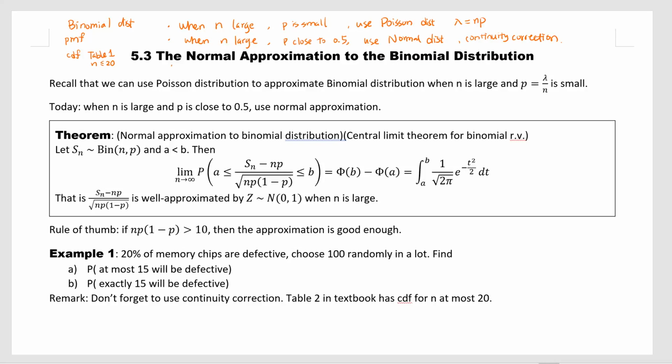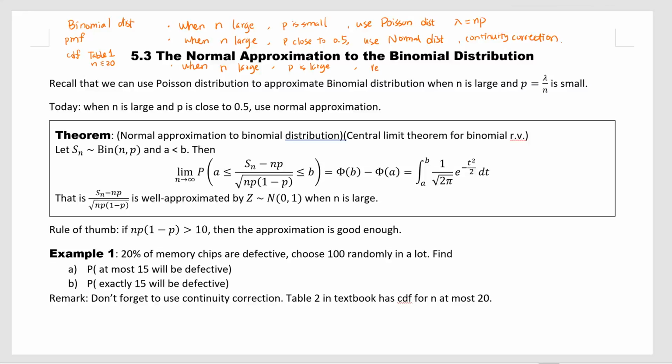Okay, how about when n is large and p is also large? I would say large is like 0.8, 0.9. In this case, you can actually flip it. You define your success to be the failure.